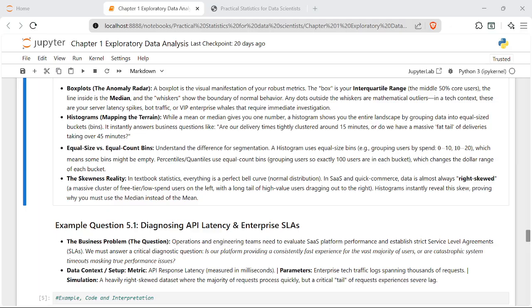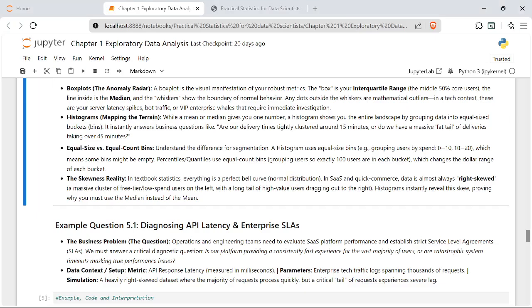In SaaS and quick commerce, data is almost always right skewed. A massive cluster of free tier or low spend users on the left, with a long tail of high value users dragging out to the right. Histograms instantly reveal this skew, proving why you must use the median instead of the mean.